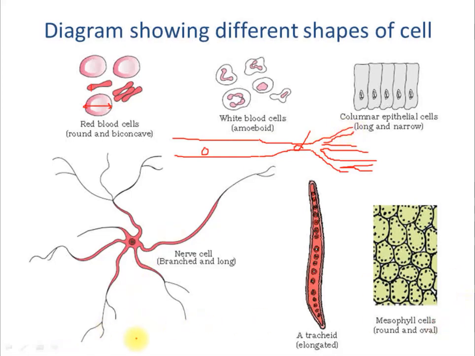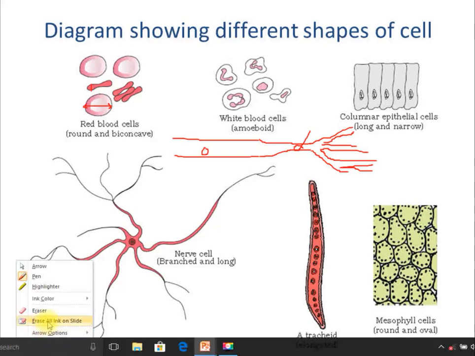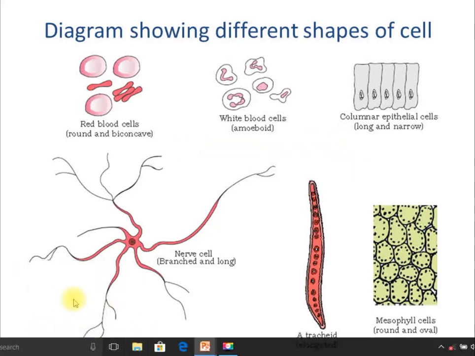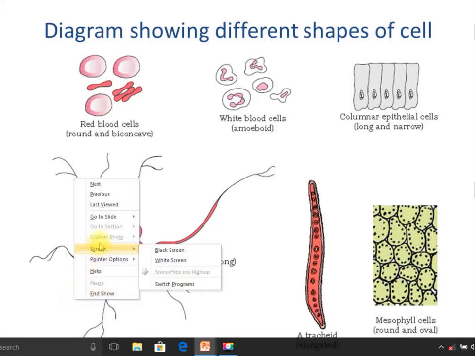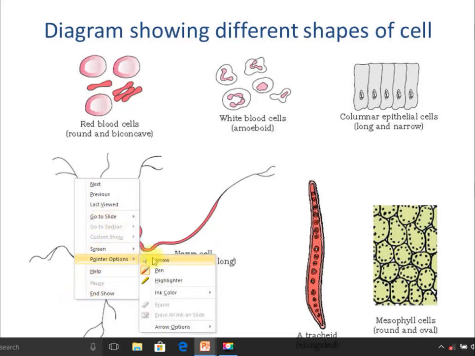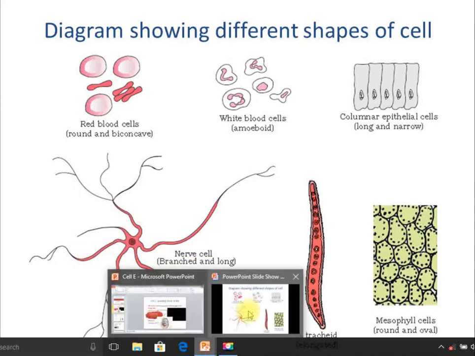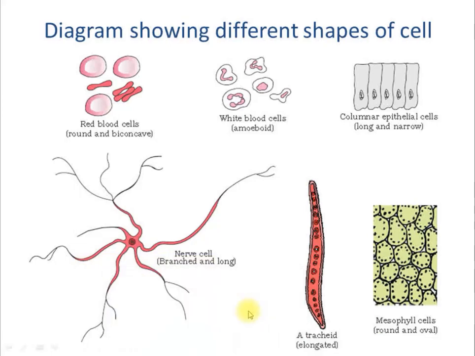So that is the reason why this biconcave shape is also very important. Why is it important? Because this structure helps its movement across the capillary space, and it has a very flexible cell membrane and the biconcave shape, which allows its movement. I hope it is clear why it is round and biconcave.